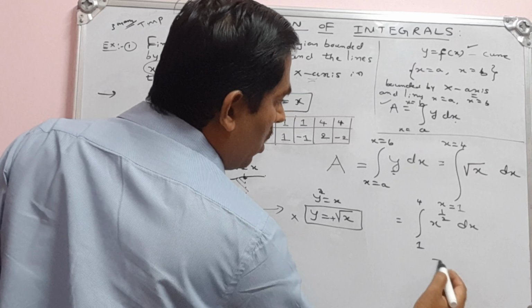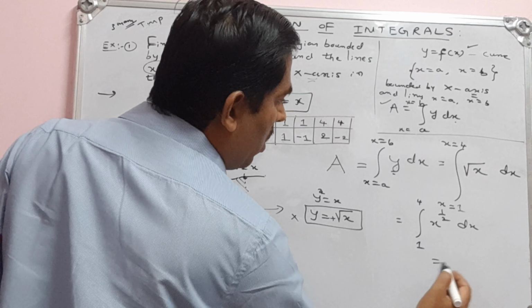So x to the power of half plus 1, and half plus 1 is 3 by 2. So x to the power of 3 by 2 divided by 3 by 2.